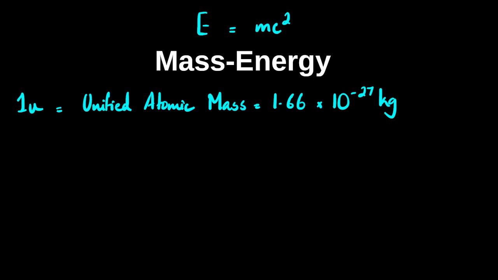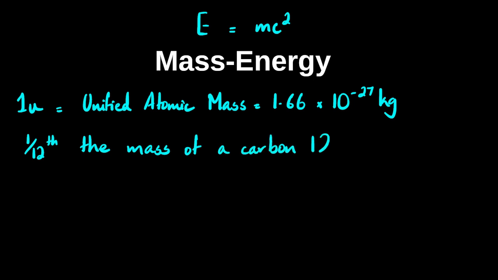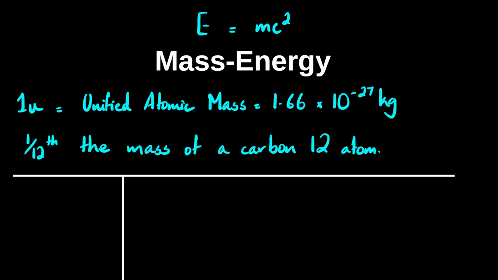So this is defined as being equal to 1/12 the mass of a carbon-12 atom. Carbon-12 is exactly 12 u, it doesn't have any decimals with it. So if we take 1/12 the mass of a carbon-12 atom, that gives us exactly 1 u, and that's equal to this value.